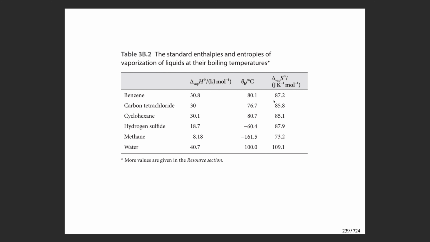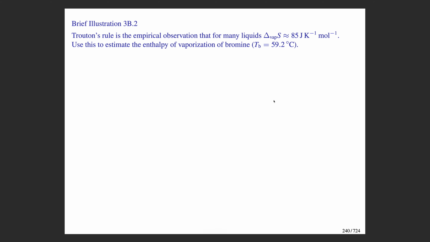And that observation is the basis of what's called Trouton's Rule. It's an observation that the change in entropy associated with vaporization for many liquids is about 85 joules per Kelvin per mole. We're being asked to use that to estimate the enthalpy of vaporization for bromine.